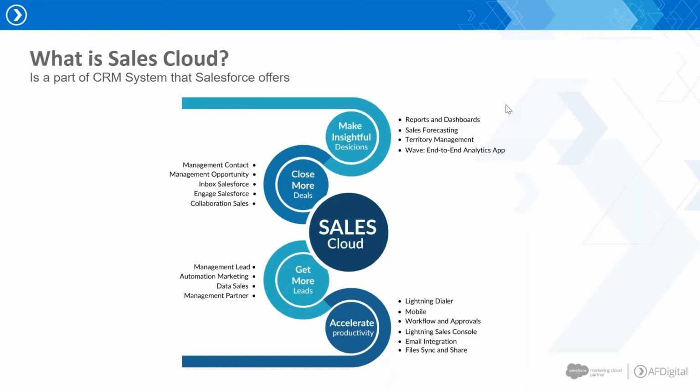You can also sync files and, again, the reports, dashboards, you have a forecasting tool already available, and it's easily implemented. You can turn on your pipeline reporting to give you a better view of what you currently have. And you can also have analytics embedded in Salesforce Sales Cloud.